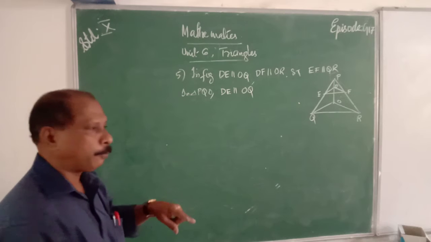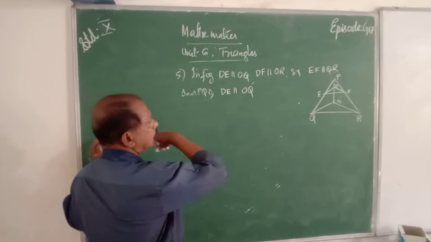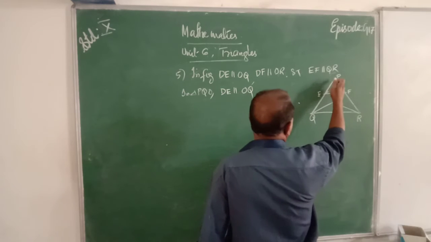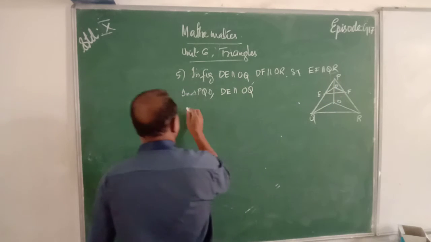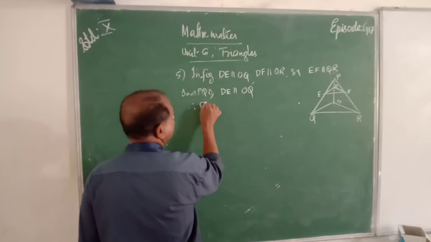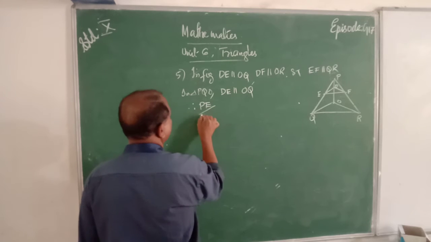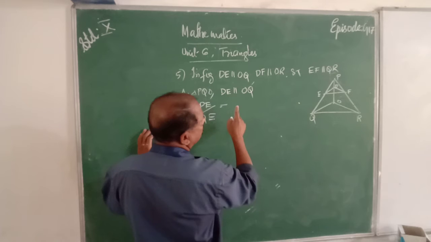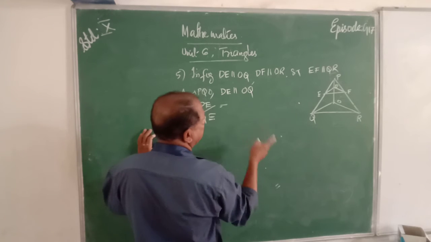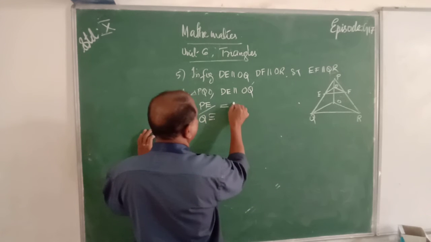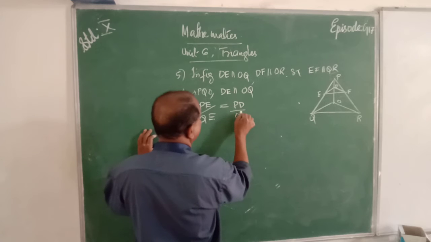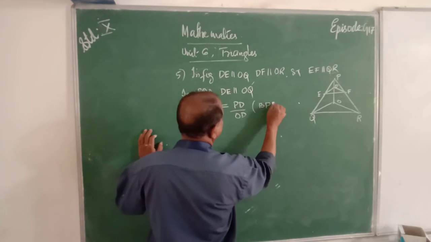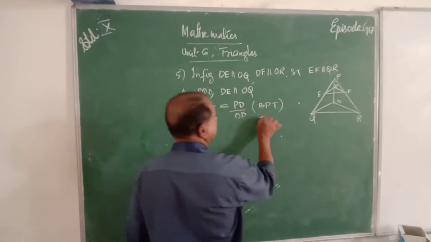Therefore, by the basic proportionality theorem, PE by QE is equal to PD by OD. That is the basic proportionality theorem. That is test number 1.